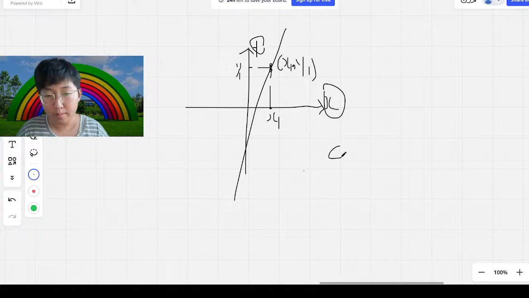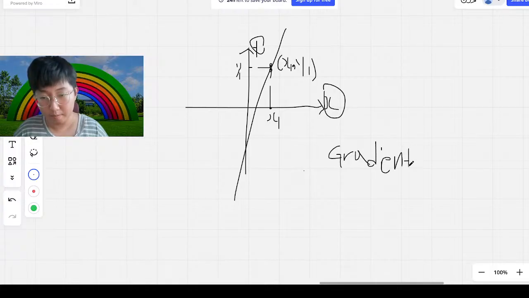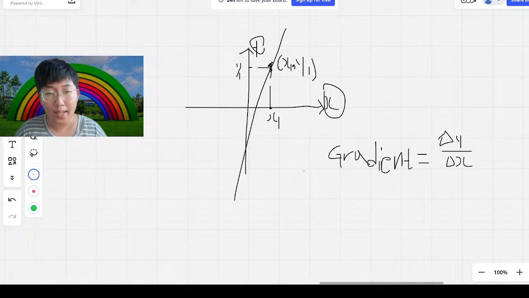Well, gradient is the steepness, so how steep a line is. It is generally defined by change in y, for which we use the symbol delta, change in y, over change in x, which shows how much y has changed depending on how much x has changed.